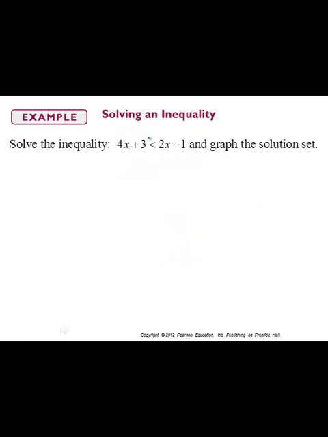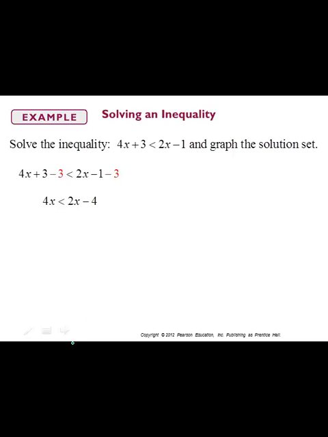Here we have our next example, 4x plus 3 less than 2x minus 1. Okay, so remember we're going to get our variable terms on one side of the inequality, our constant terms on the other. So maybe we could subtract 3 from both sides, because we typically like to have our variable terms on the left and our constant terms on the right. So we'll subtract this 3 right here from both sides.